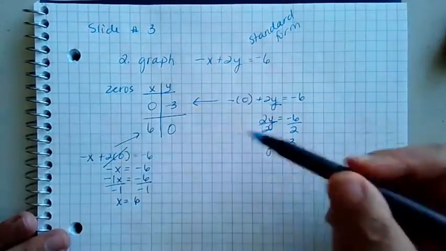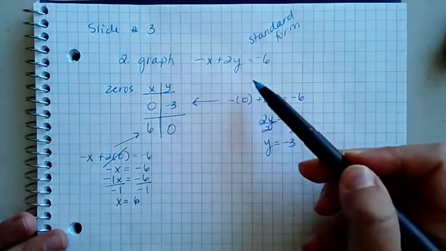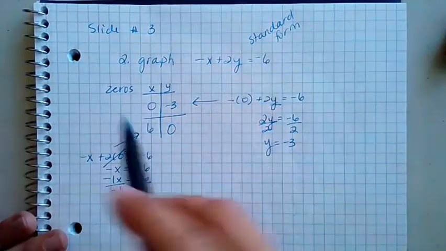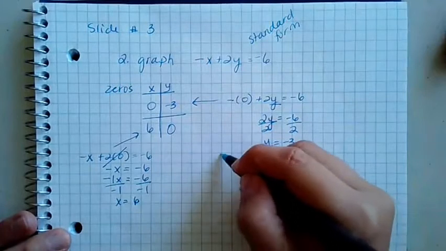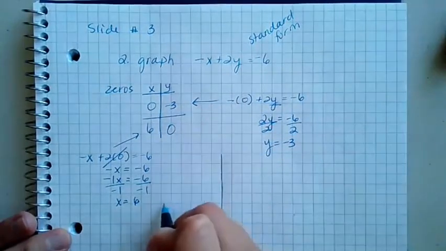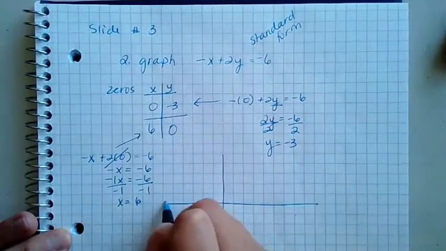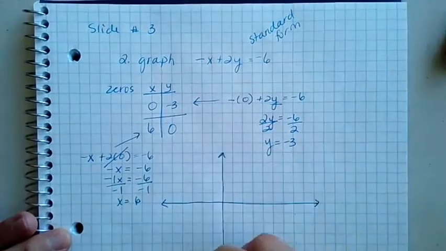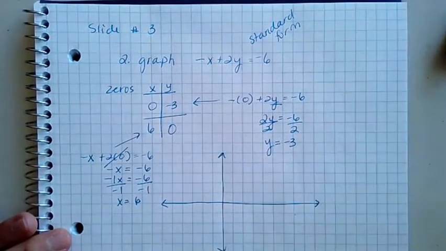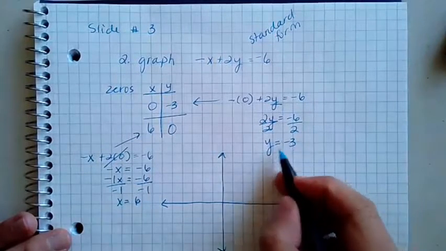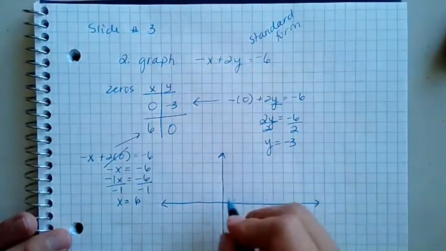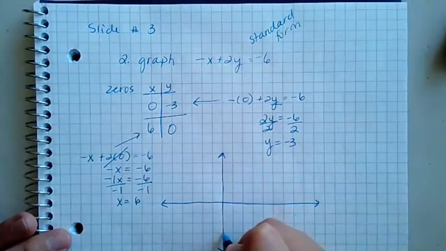The other method is I could rearrange this, and that's okay too. But I'm going to keep moving with this method because this is really the different piece. You guys have a graph, but I don't, so I'm going to graph these 2 points. This is on the y-axis, where y equals negative 3: 1, 2, 3.